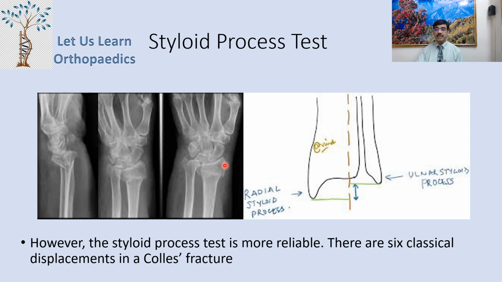The passerby who is not aware of the impaction in the Colles fracture cannot restore this relationship, and that's why often we may not get the dinner fork deformity, but we will always find the styloid process test positive, and that's why we say that the styloid process test is more reliable.